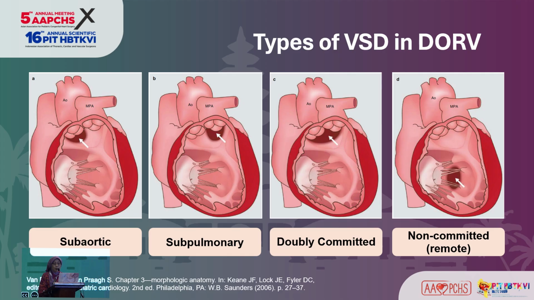These patients often require an arterial switch. Doubly committed VSD lies beneath both great arteries and can connect to either outflow, so the repair strategy depends on detailed anatomy. And remote VSD is located far from both great arteries, making rerouting very challenging, and in some cases, only single ventricle palliation is possible.